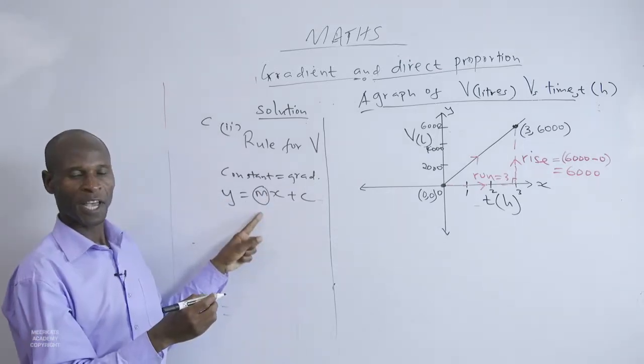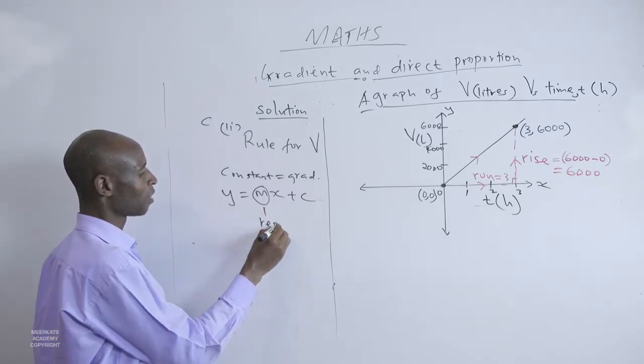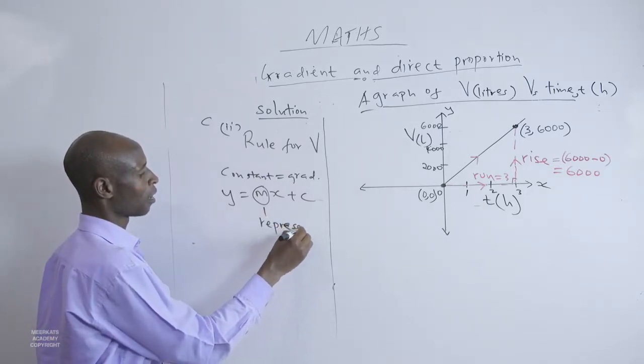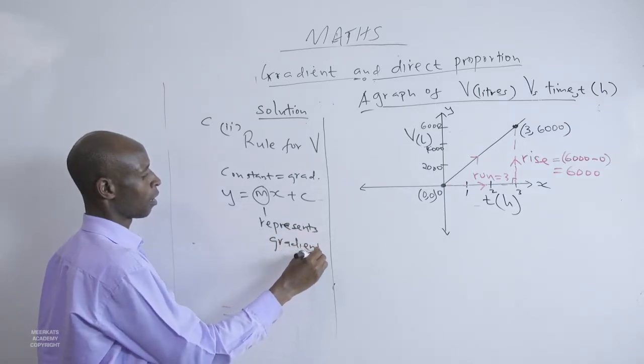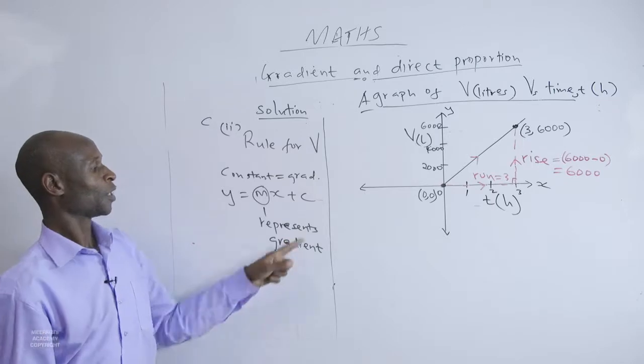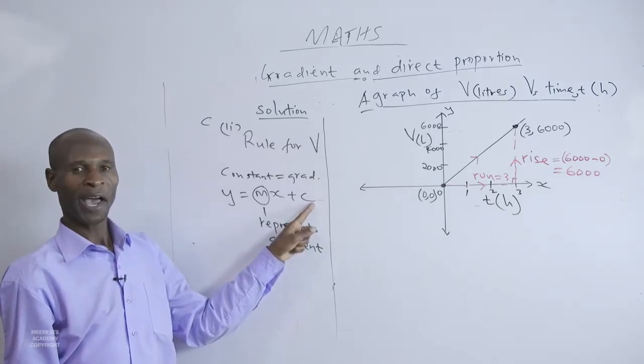M is a constant which represents gradient. C is a constant which represents y-intercept.